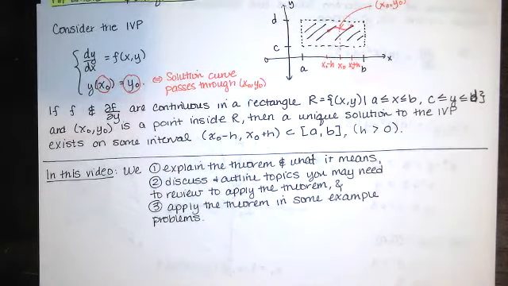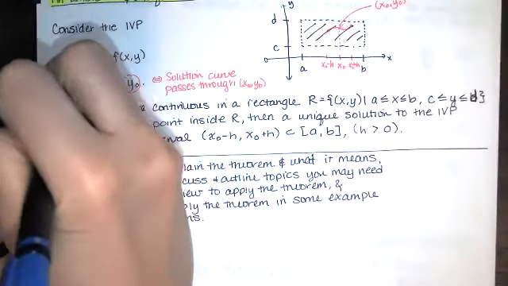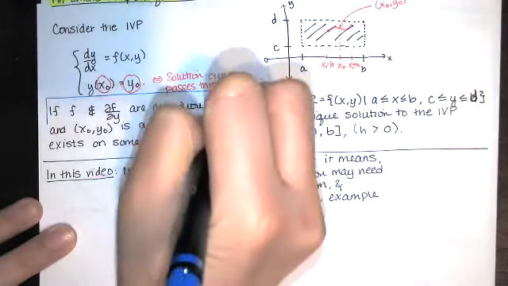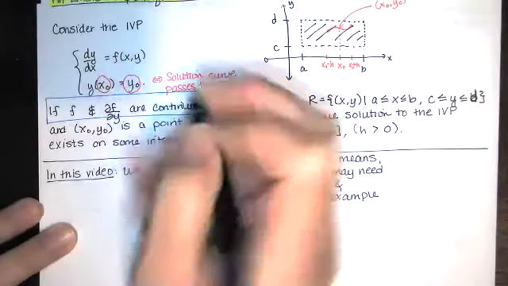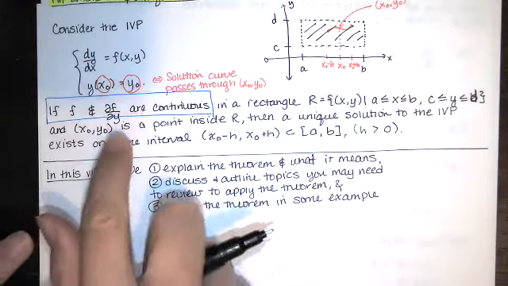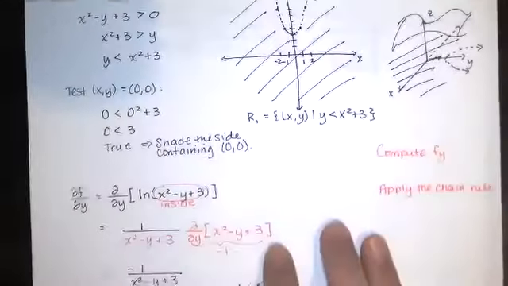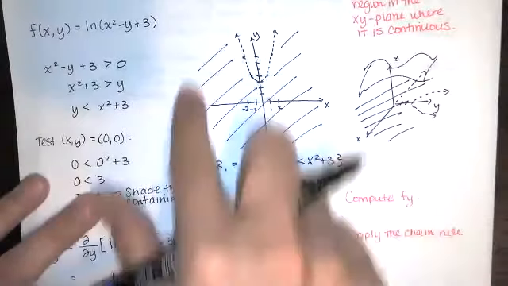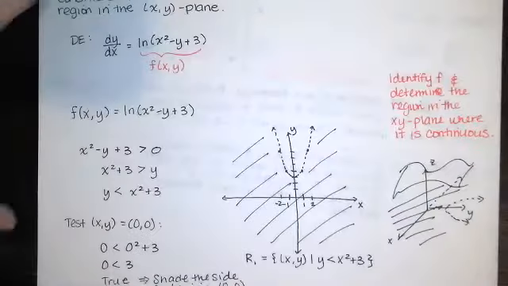Okay, so really, all of these details about the rectangle and the interval are important, but in practice, I'm really focused right here. I need this function and its partial with respect to y to be continuous at the same time. And this function and its partial with respect to y, which we computed, are continuous at the same time on this region.